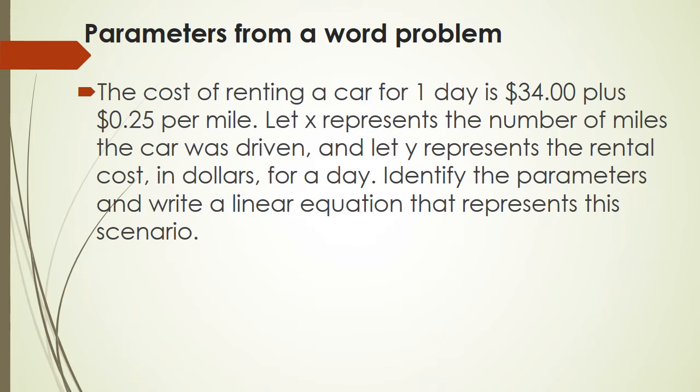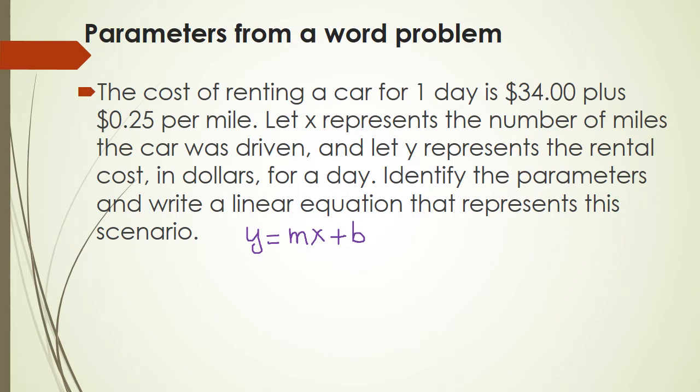Identify the parameters and write a linear equation that represents this scenario. We know that a linear equation can be represented by y equals mx plus b. So in this case, I'm going to have to find the value of the slope and the value of b, which is the initial value.